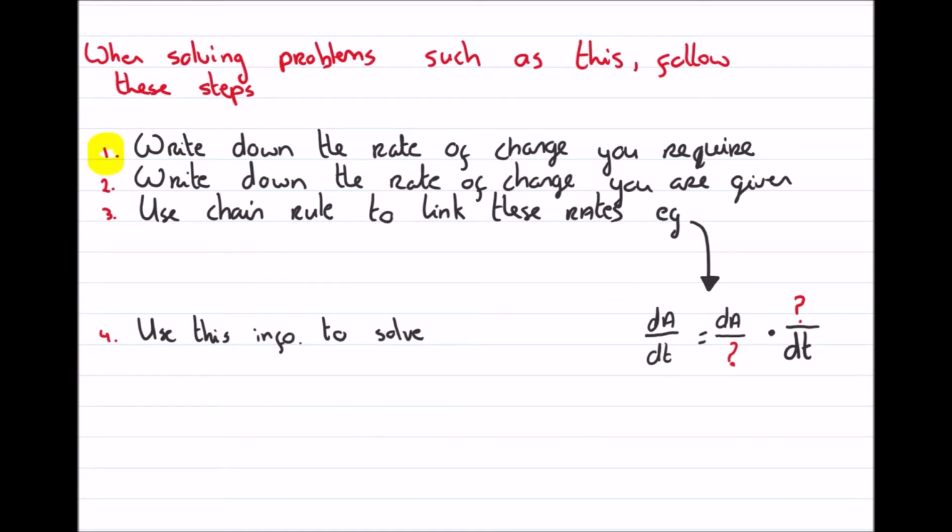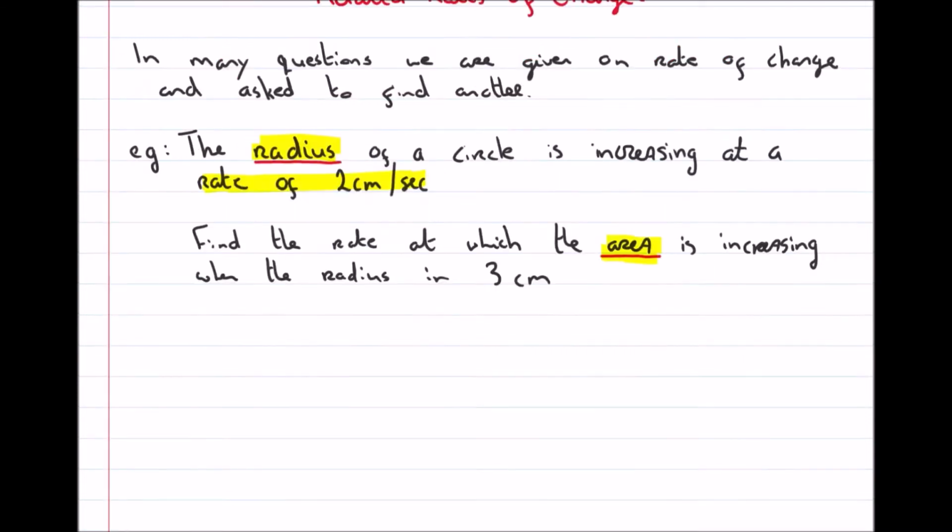Write down the rate of change I require. Well, the rate of change I require is dA/dt, which is the rate of change of the area, A stands for area, with respect to time. So that's what I require.